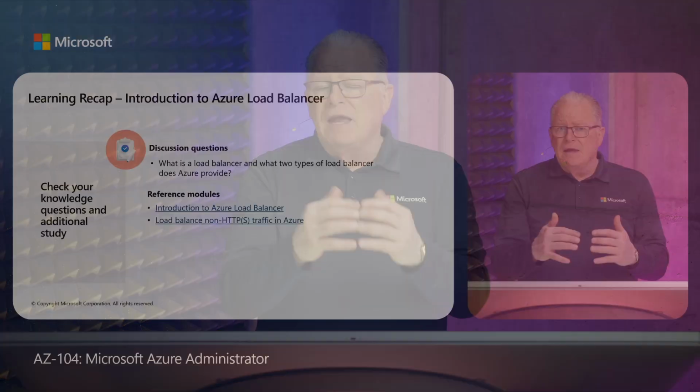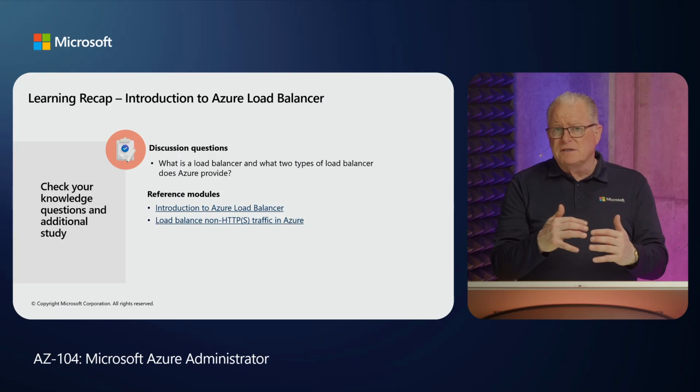But we looked at the Azure Load Balancer. We saw that it came in two flavors, where you had a public or internal configuration. The load balancer does exactly the same thing, but the front-end pool was the difference between the two of them, and the back-end pools can be the same configurations.